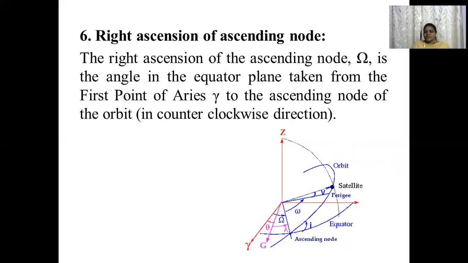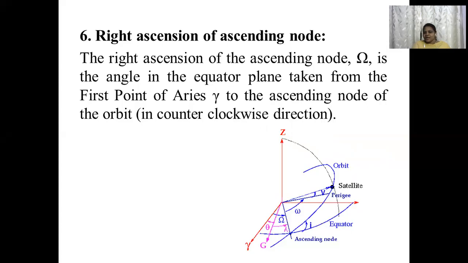Here in this particular diagram, you can see lambda, represented in blue color. In the red color, you can see gamma, which is nothing but the first point of Aries. And in blue color, you can see a point at the bottom, which is the ascending node.